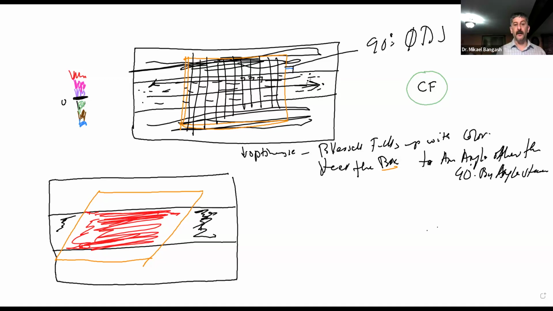So the color is only going to appear ideally in the areas where you have the blood vessel and that falls within the outlines of your box. Did you guys get that?